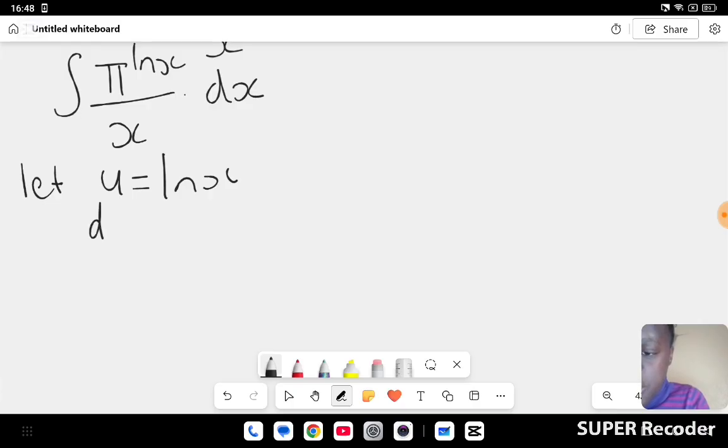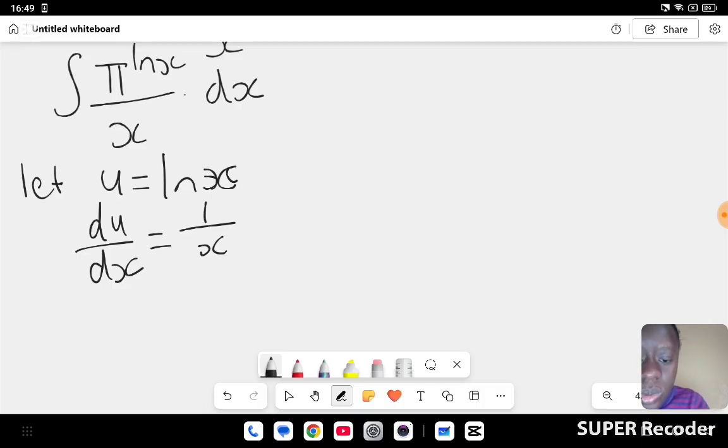So du over dx is equal to the derivative of ln x, it's 1 over x.